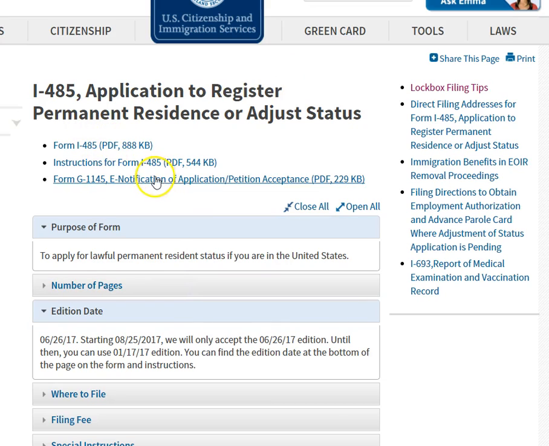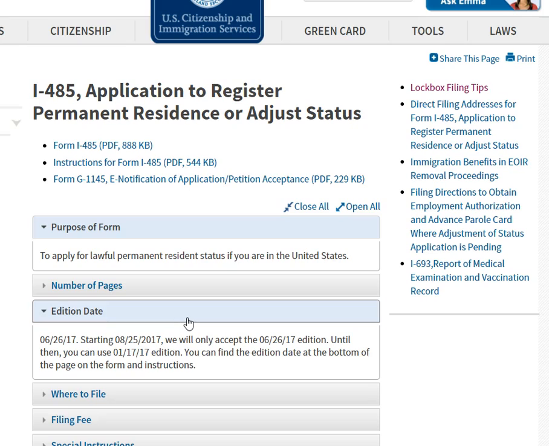You can download the form as well as the instructions on how to file it. So the idea is to just let you know the adjustment of status form has been updated. Keep that in mind. When you're filing adjustment of status, you need to use the updated form, otherwise your application will be rejected.